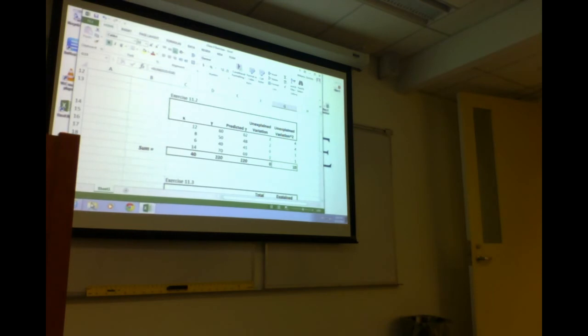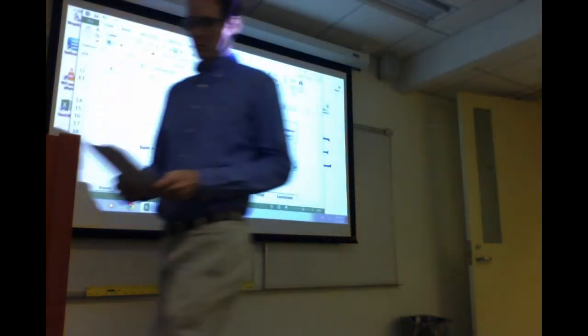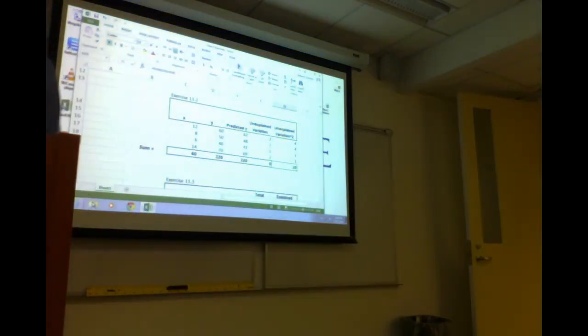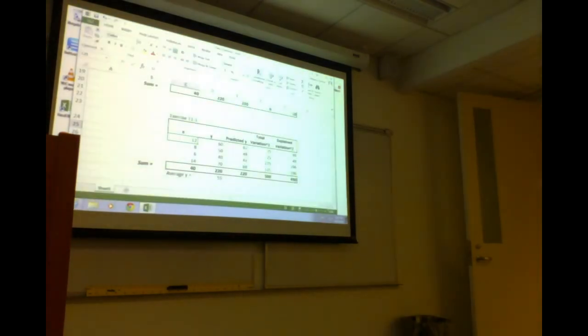And R tells us positive or negative relationship. All right, so let's take a look, exercise 11.3. We're going to need some pieces of information here, in addition to what we calculated in the previous examples.